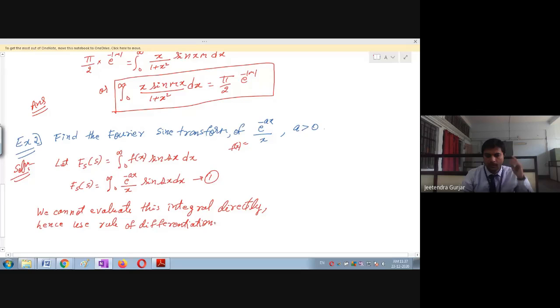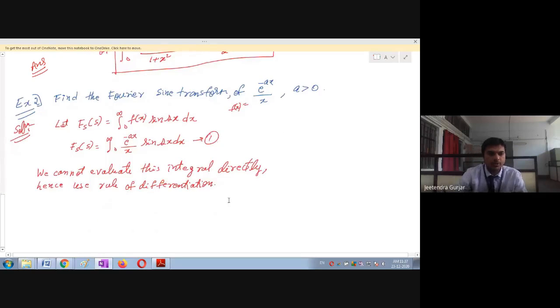I will tell you how you are going to differentiate. See, when you differentiate this integration, you differentiate on both the sides. Is it clear? Outside the integral, this is a definite function, so it is d by ds with respect to s.